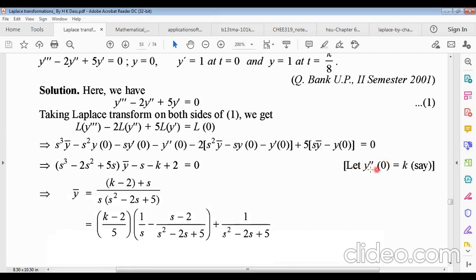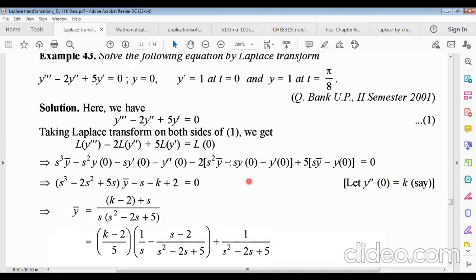Now for y double dash, the second derivative of y, we take a constant k, because we are not given the second derivative value. This is why we have this s cubed, this 2s squared, and 5s, and y bar will be common.